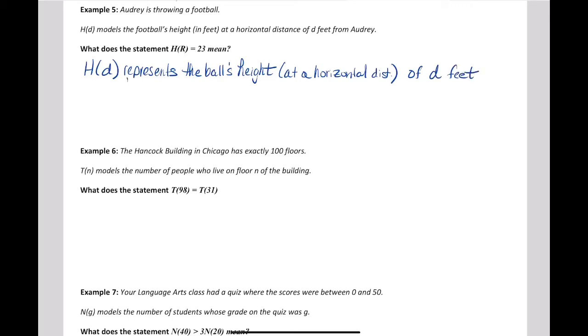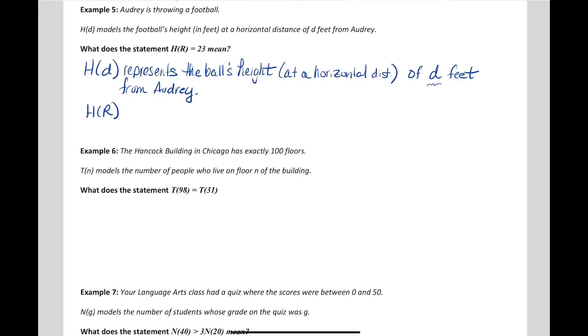So let's talk about what H of D basically represents. H of D represents the ball's height at a horizontal distance of D feet from Audrey. Okay, so that's what that is.